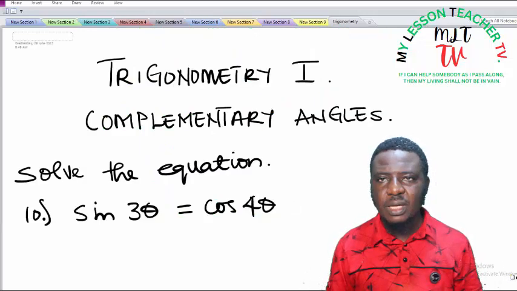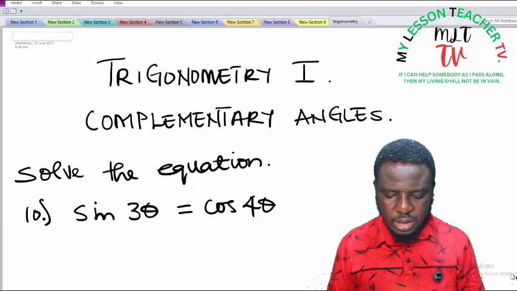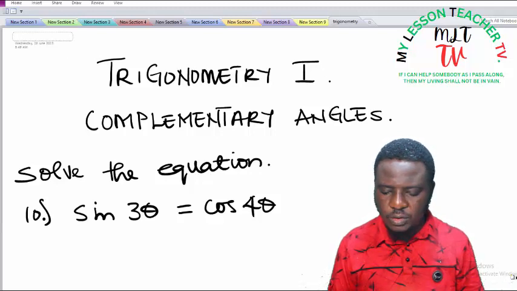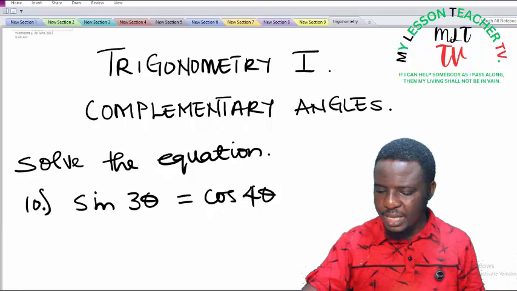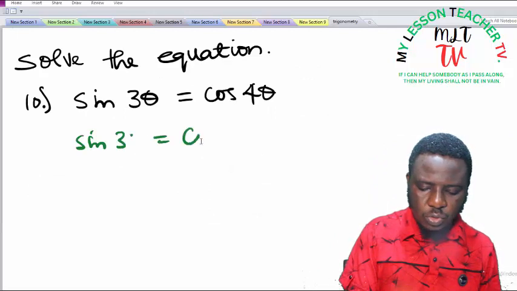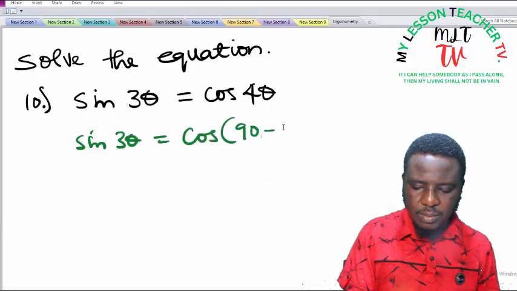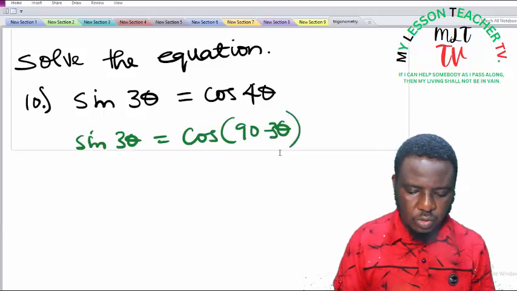Our last exercise on this topic says we should solve the equation that if sine 3 theta is equal to cos 4 theta, what is the value of theta? You also apply the same approach. Sine 3 theta is equal to cos 90 minus 3 theta, which is the identity for complementary angles.